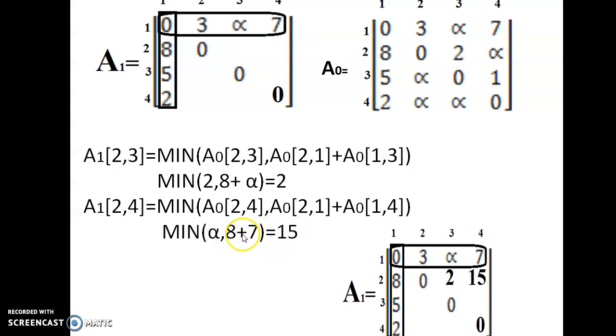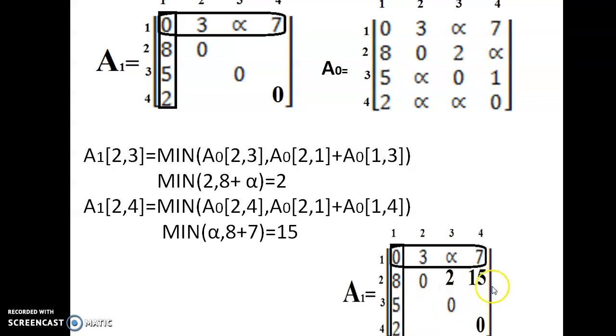So 15 is minimum compared to this, and we represent the 15 here. This is the way in which we have found this particular row. Now when finding this one, how do we calculate? It is the minimum of infinity and 5 plus 3, that is 8. So the value 8 will be placed here.